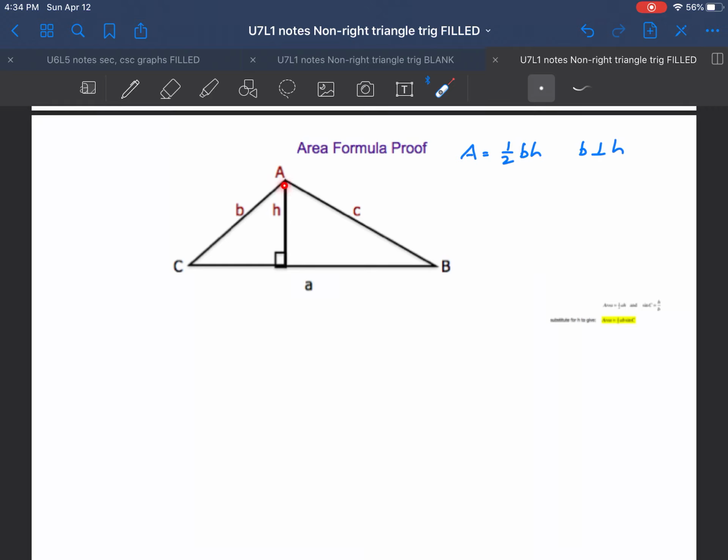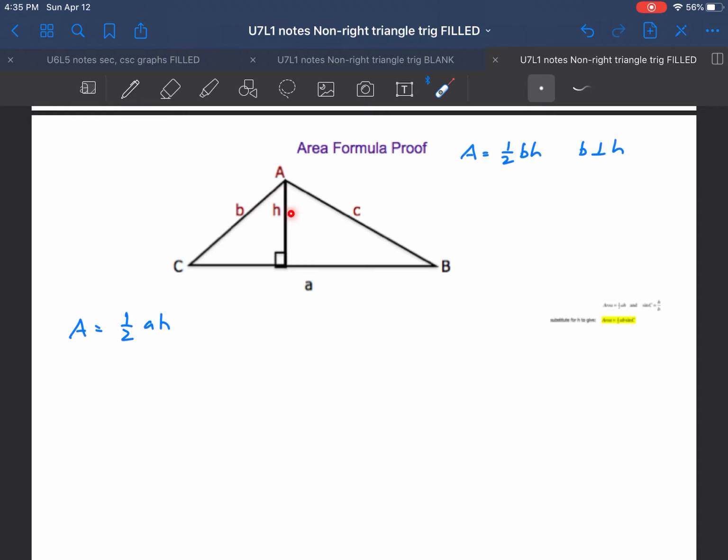We have this height, and we have this base. So I could say that the area of this general triangle is equal to 1/2 a h.